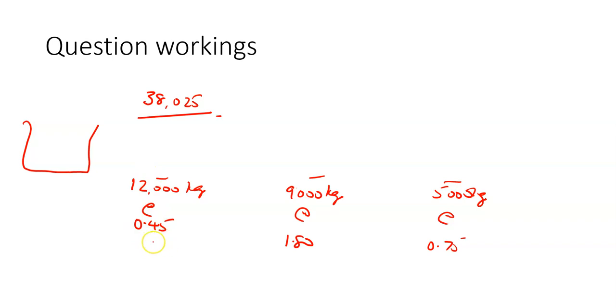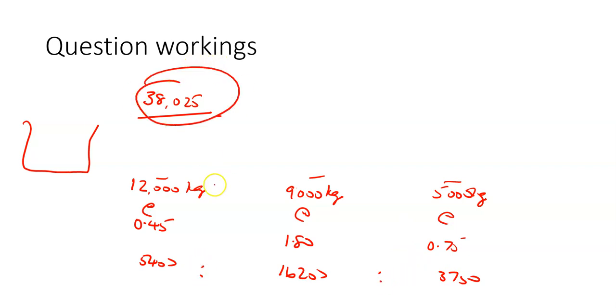So in terms of doing this, 12,000 times 0.45 is 5,400. 9,000 times £1.80 is 16,200. And 5,000 times 0.75 is 3,750. So really, I need to split this 38,025 in this ratio.